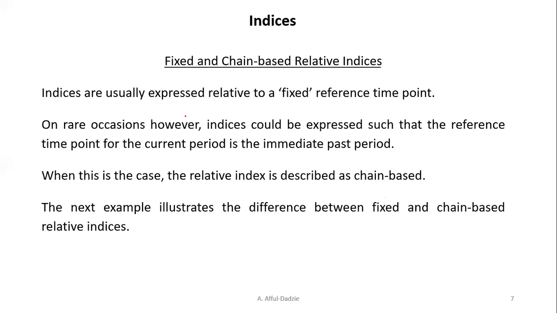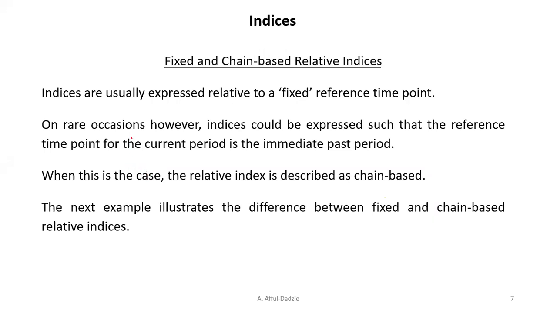So we have seen the instance where we have a fixed base relative index. Now, there could be some instances, although very rare, where we could have our base period changing. In a situation where the base period changes very frequently, we say we are employing chain-based relative indices.